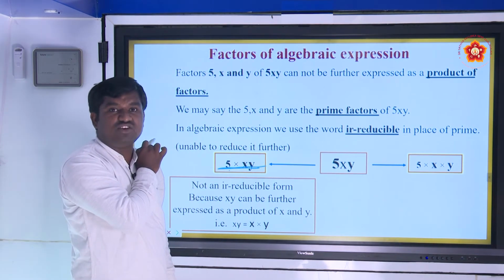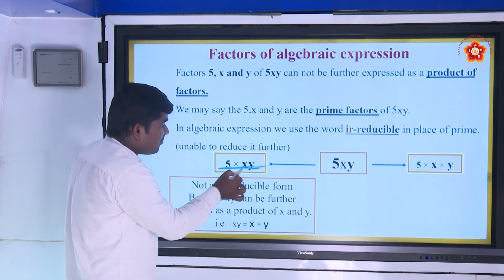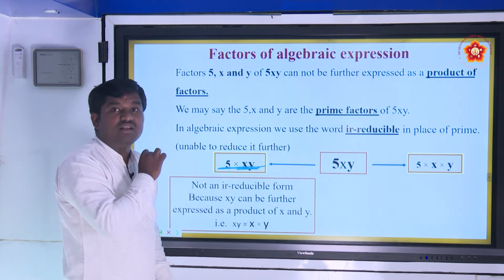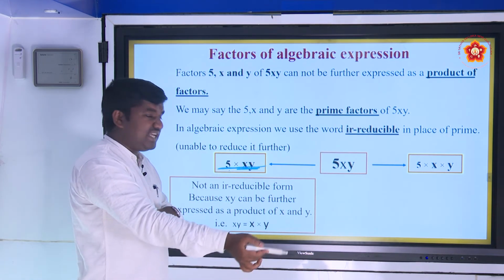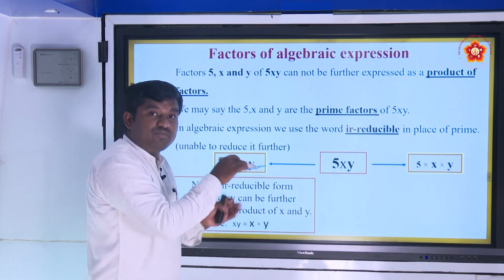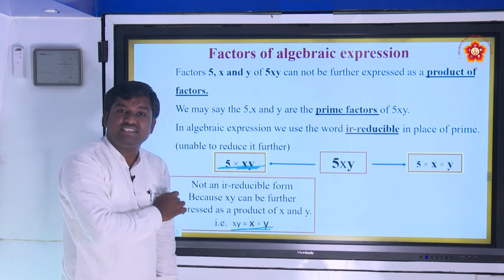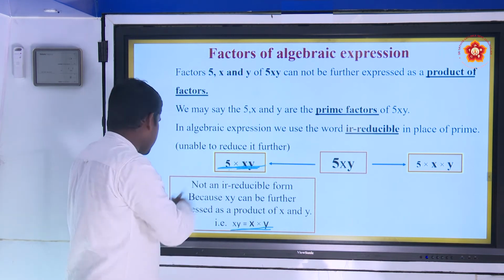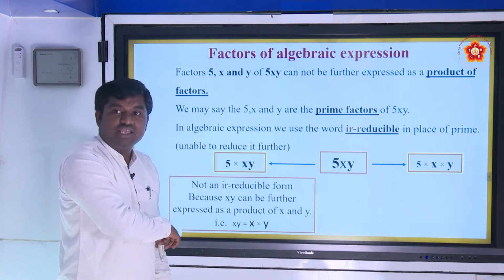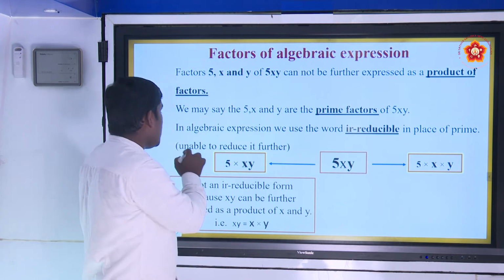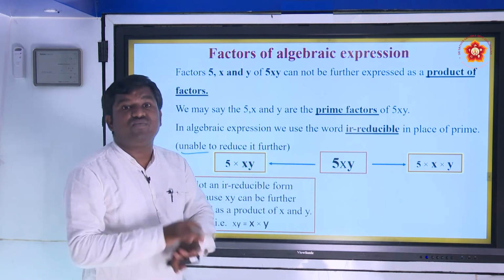Why? The factor xy can further be expressed as a product of factors, x into y. So this is not an irreducible form. Irreducible form means we are unable to reduce it further.